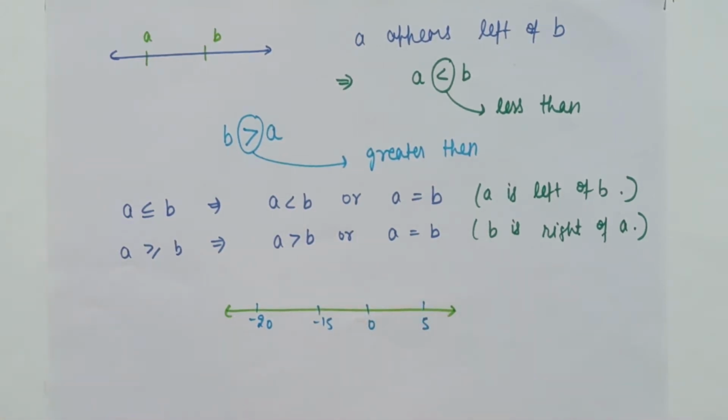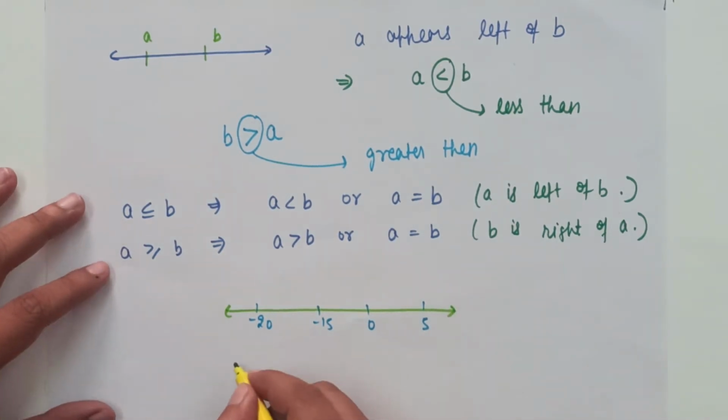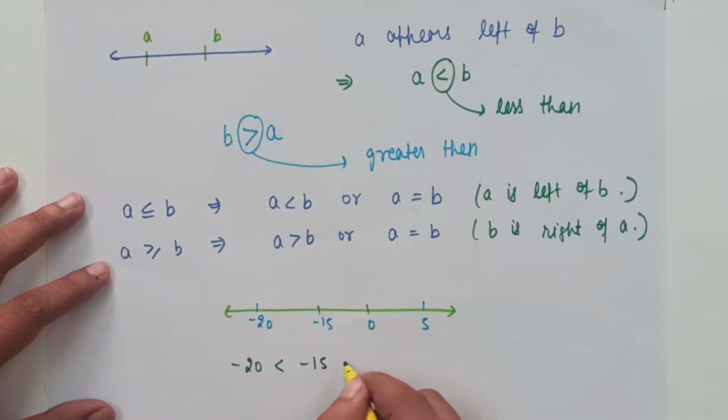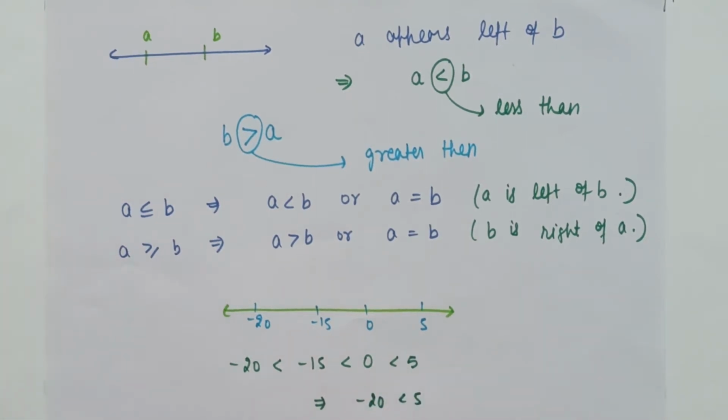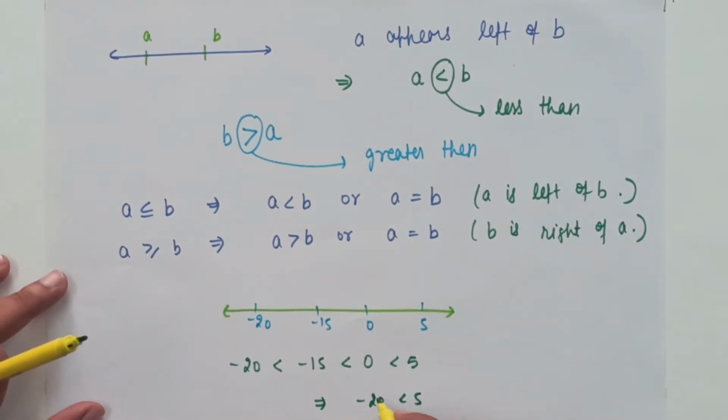In terms of symbols, we can say -20 is less than -15 is less than 0 is less than 5, so -20 is less than 5. Even though in terms of magnitude -20 is greater than 5, we are also considering the position on the number line. So we take -20 as less than 5.